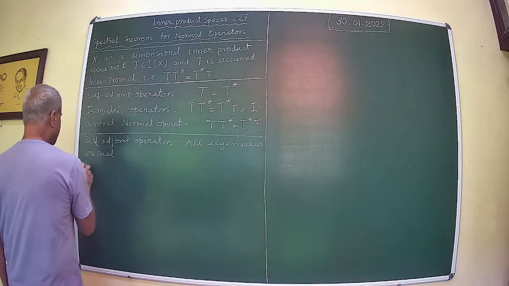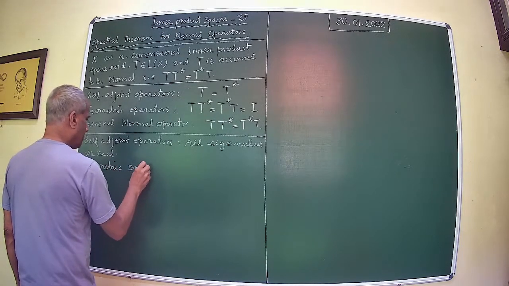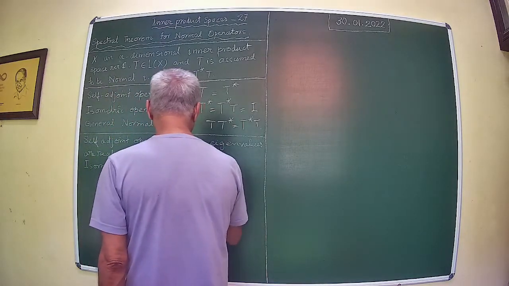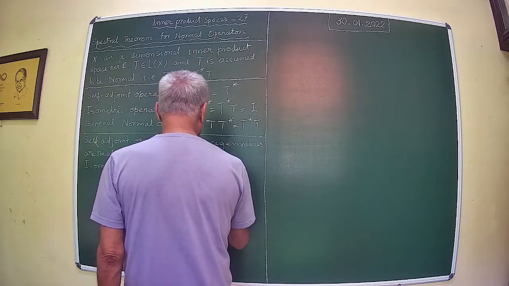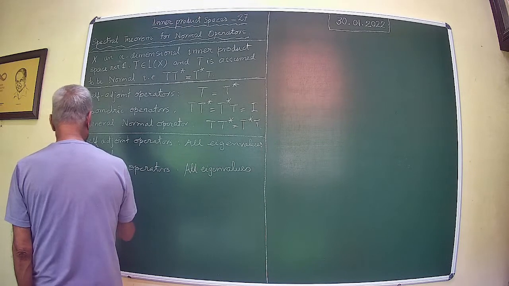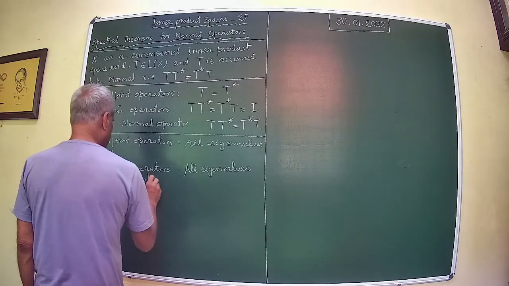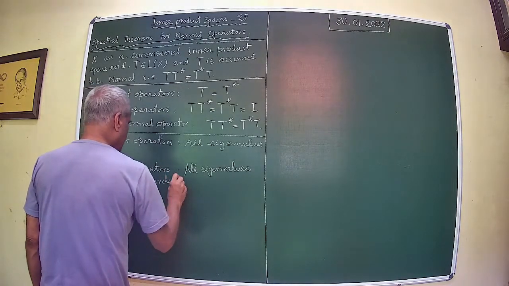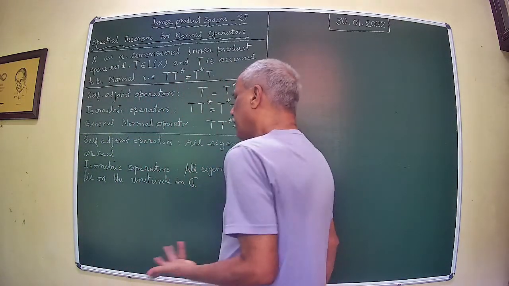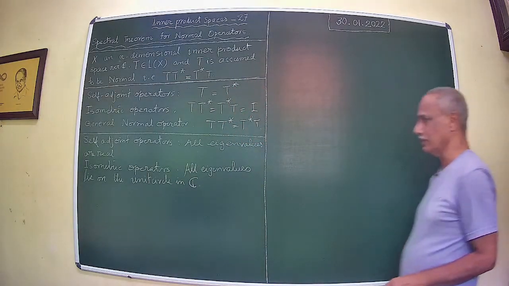For isometric operators, all eigenvalues lie on the unit circle. Now, for general normal operators, you cannot say that. So, these two features are there.